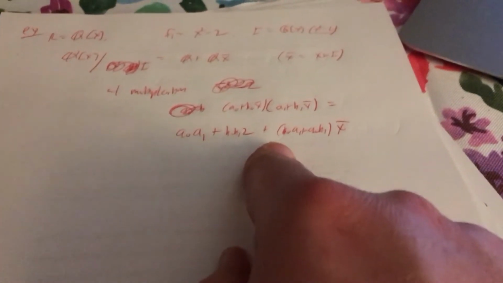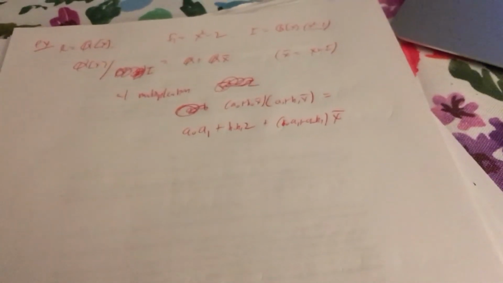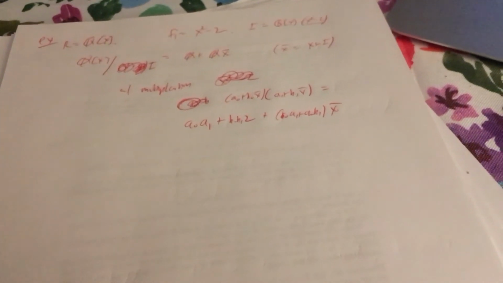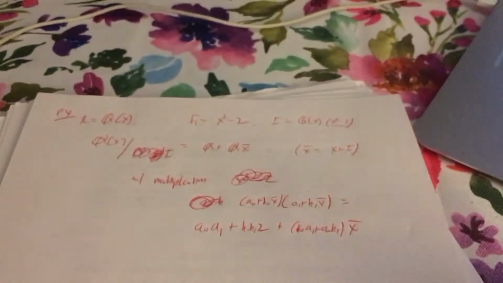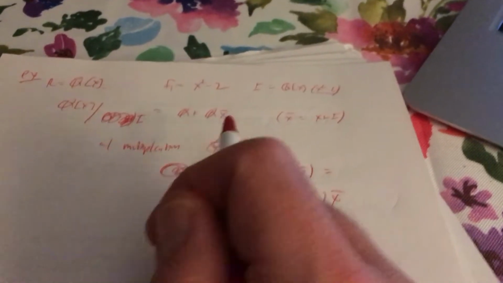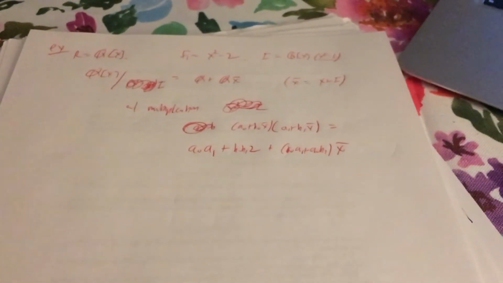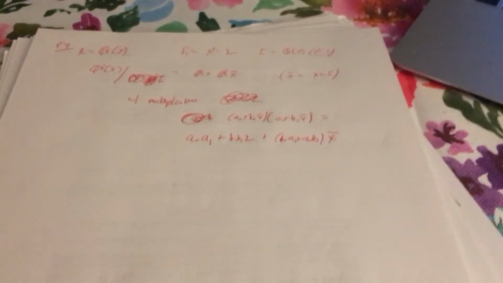How did I come up with this multiplication? Well, remember we're taking classes in a world where x squared minus 2 is 0. In other words, x squared is 2. So to come up with this multiplication, you just multiply this term out, but now x squared has become 2. But then the question is, why does this quotient have only this stuff in it? Why isn't there anything else? It's clear that I can take things of this form, but where did everything else go?